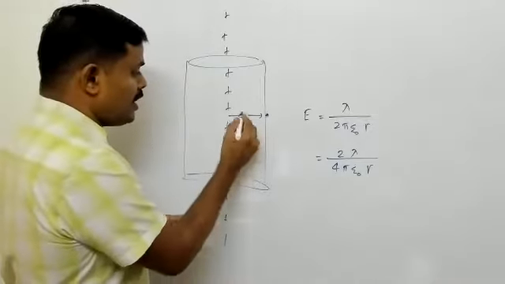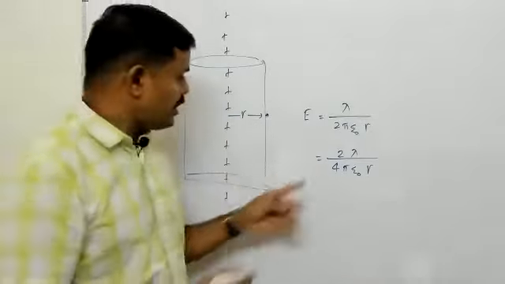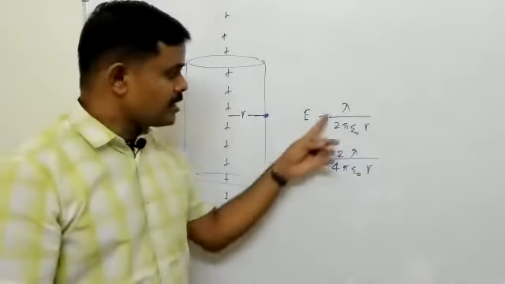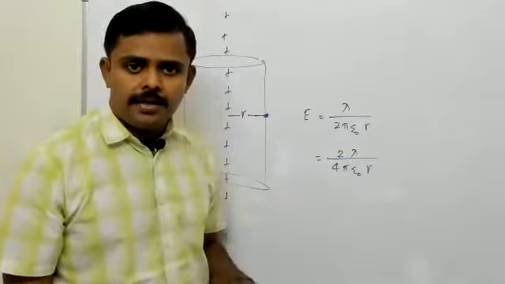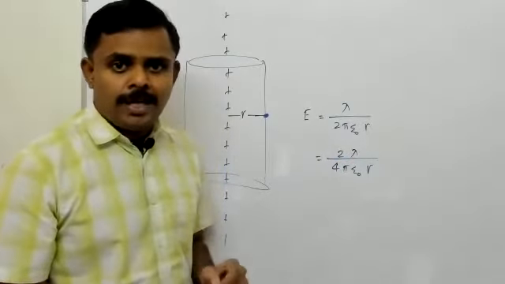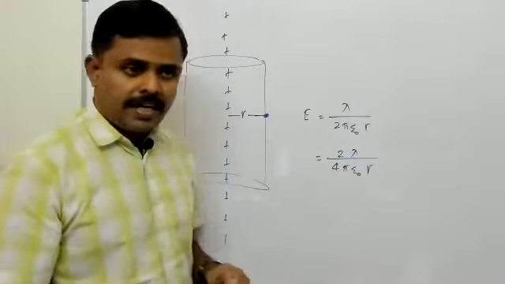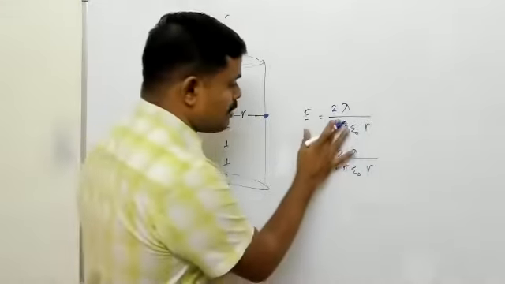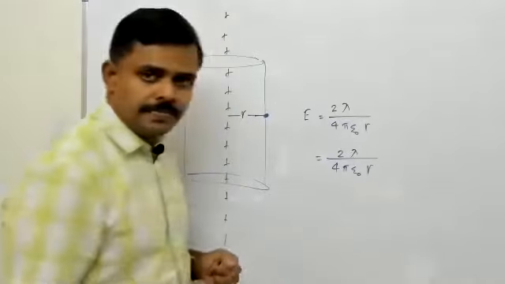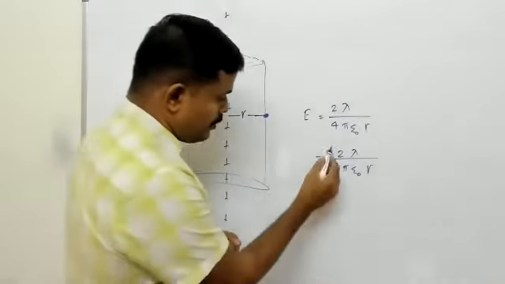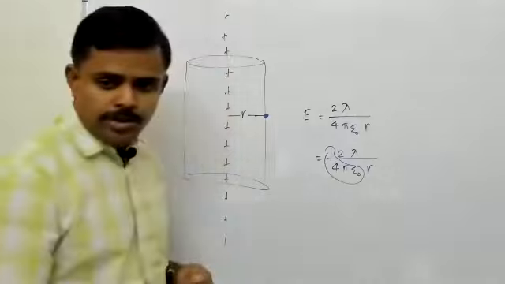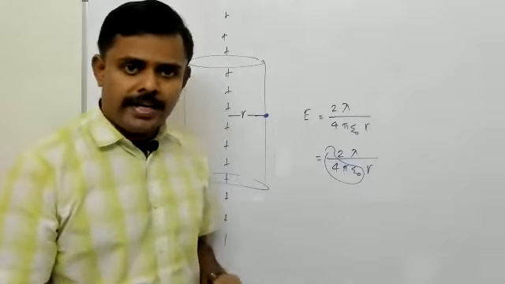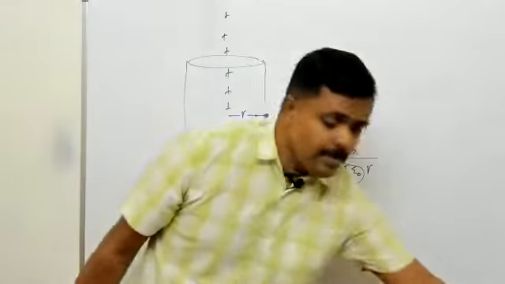At a distance r, you find the electric field intensity. It is lambda by 2 pi epsilon 0 r. But for numericals, you better use 2 lambda by 4 pi epsilon 0 r. I multiplied the numerator with 2, and to compensate, multiplied the denominator with 2 as well. Now you take 1 by 4 pi epsilon 0 together as 9 into 10 raised to 9. So this is equation number 1.